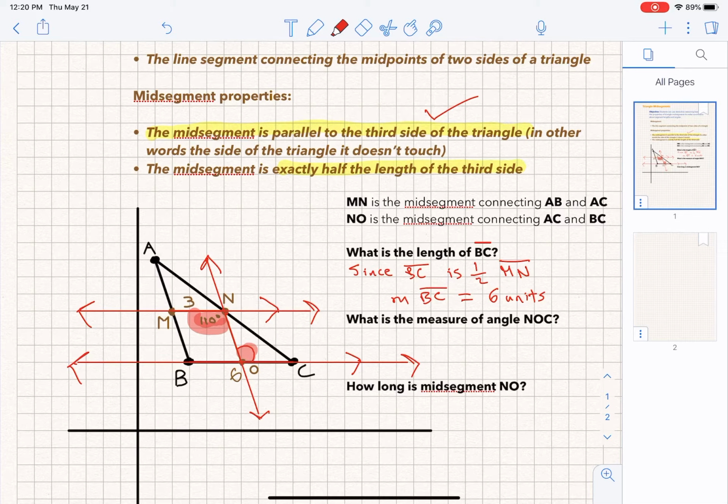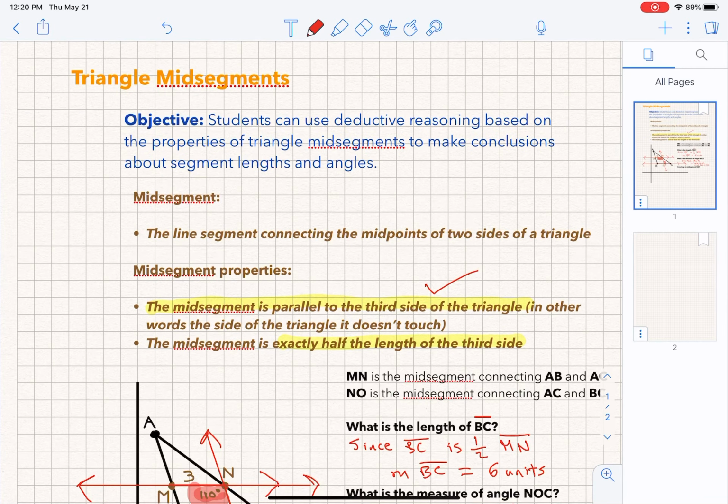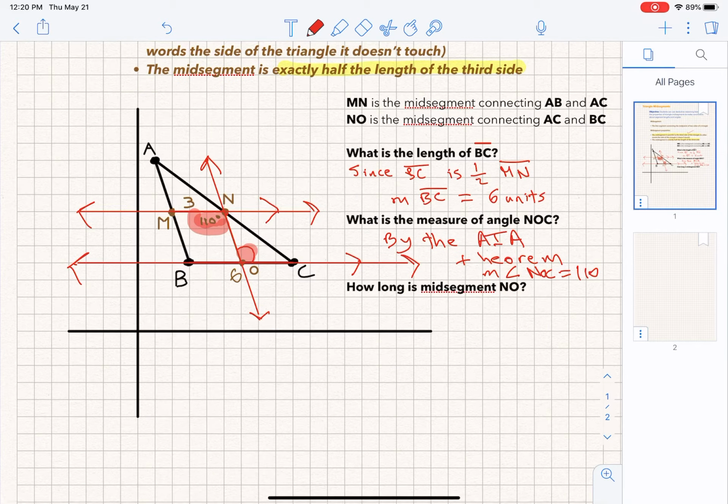So we know that by the AIA theorem, alternate interior angles theorem, sorry for my bad handwriting here, the measure of angle NOC equals 110.